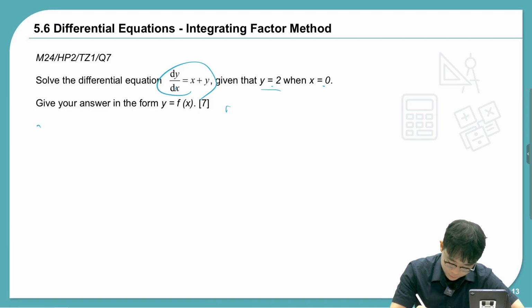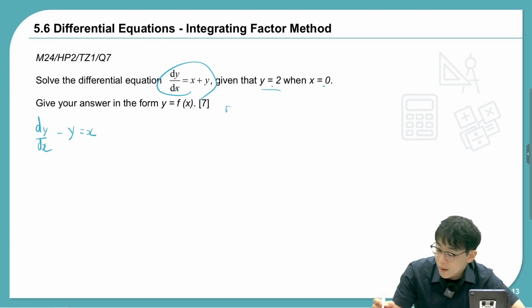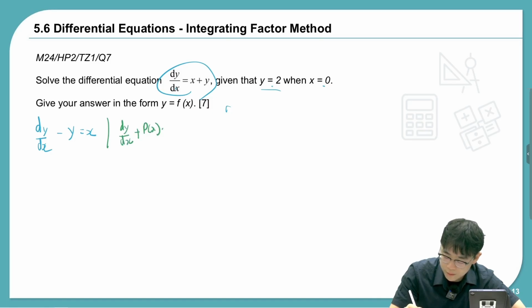So actually, we want to look at this one as dy over dx minus y is equal to x. So this is actually in the form of integrating factor, right? This is where we would use integrating factors.